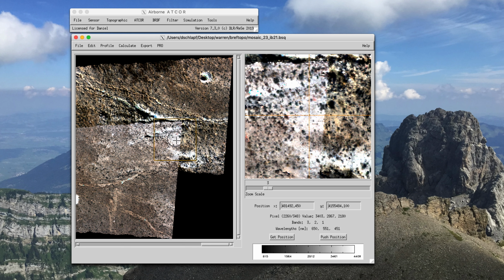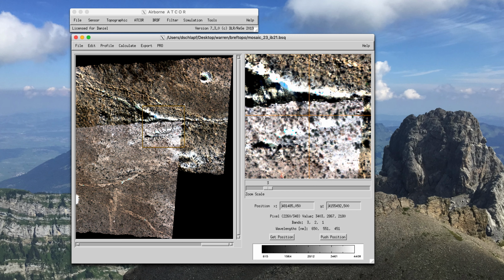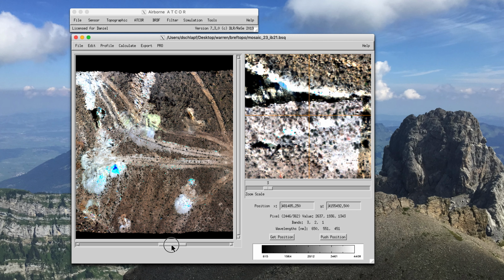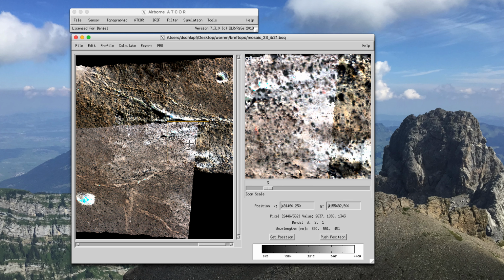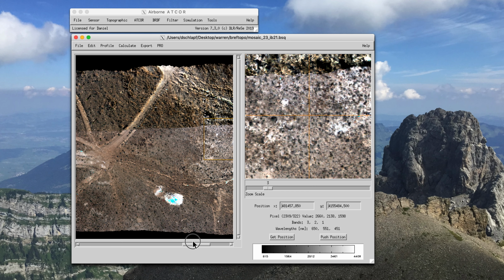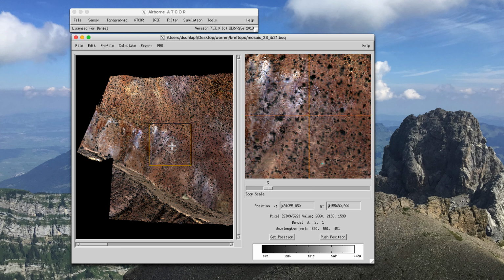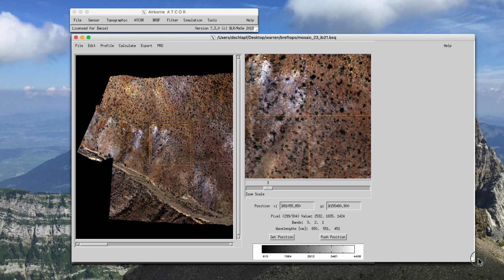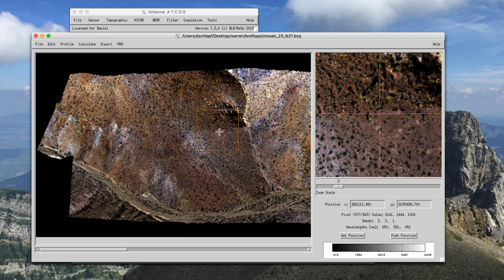There is some experimental method in development to improve this further, but so far this is not operational, and I tried some of that, and it's not leading to much better results than what we see here. So this would be the outcome of the whole processing, and this is where we are now. Okay, that's it.